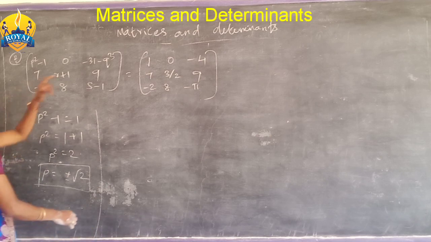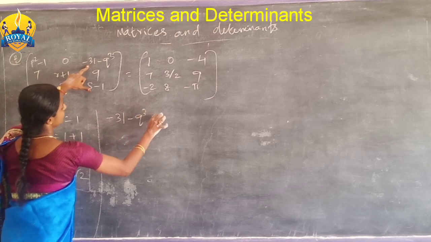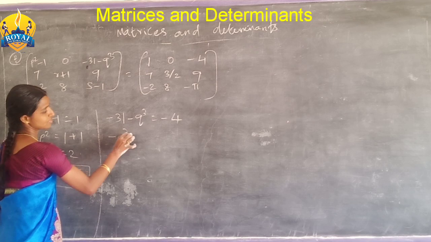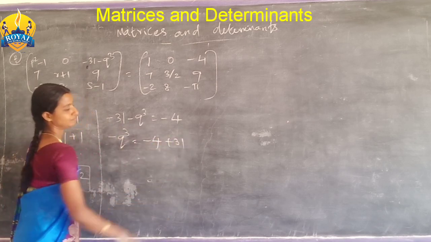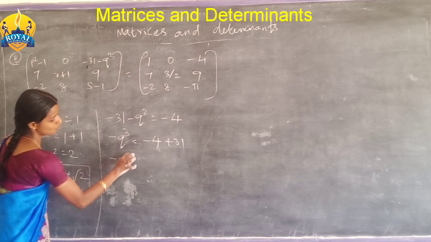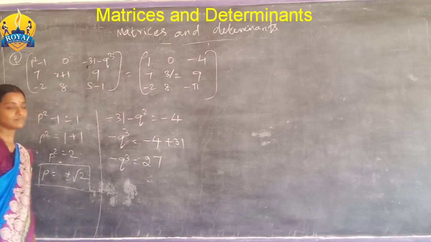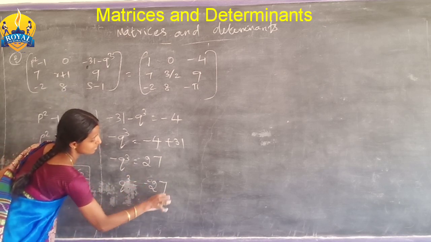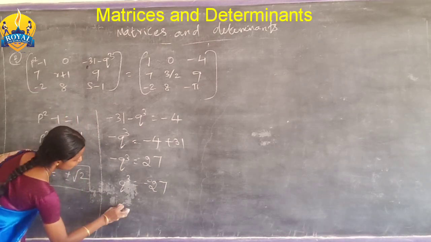Next, how to find Q? I have here 31 minus Q cubed equals minus 4. Keep minus Q cubed as such. Minus Q cubed equals 31 minus 4, which is 27. So Q cubed equals minus 27.